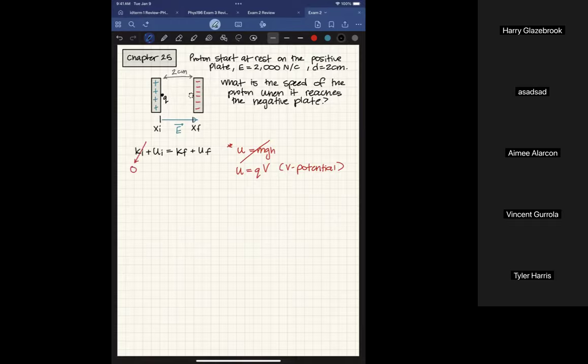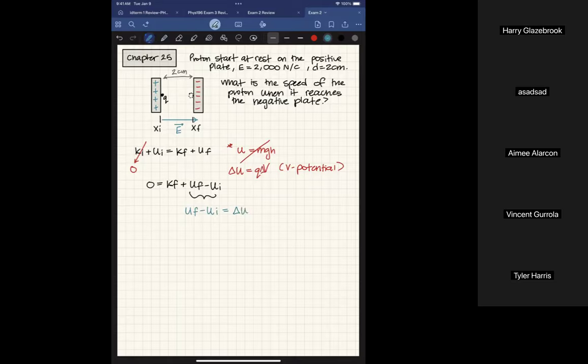Now, I don't know what the initial potential energy is, but I can subtract it on both sides. So I'll have 0 equals kinetic energy final plus potential energy final minus potential energy initial. The reason I did that is I know that my final potential energy minus my initial potential energy for a capacitor system is equal to the change in potential energy.